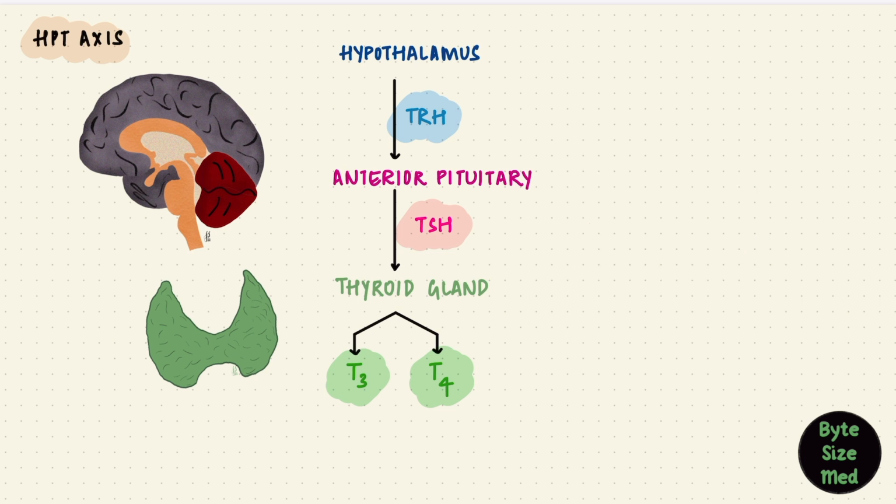Now I'm going to help you remember some of the terms in this axis. First, look at the letters and remember the alphabet. They're in order. So R, S, T: TRH, TSH, T3, and T4. So if you quickly need to remember where TRH comes from, it's the first, so it's the hypothalamus.